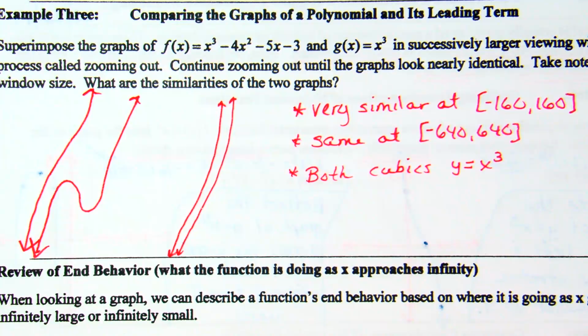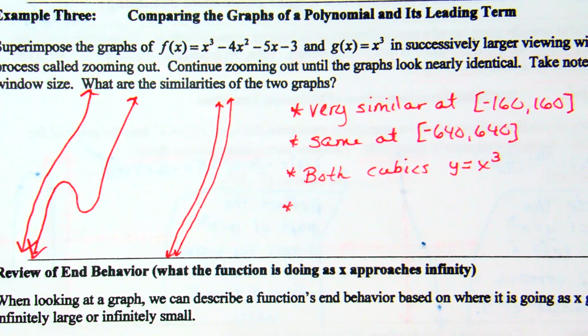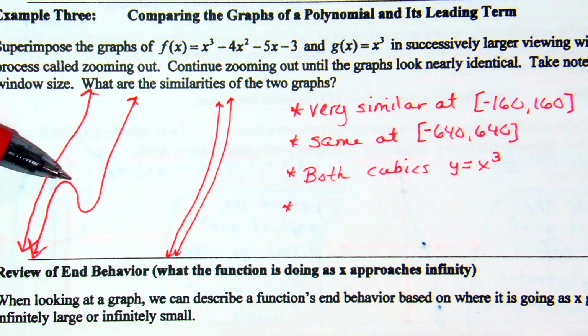And then one other thing we can talk about with these graphs, because they are x to the third, what are the graphs doing? They are moving where? As we move from left to right, these graphs are moving up. Okay, so they have that general increasing feature. Even though, yes, that one goes down briefly, and then goes back up.